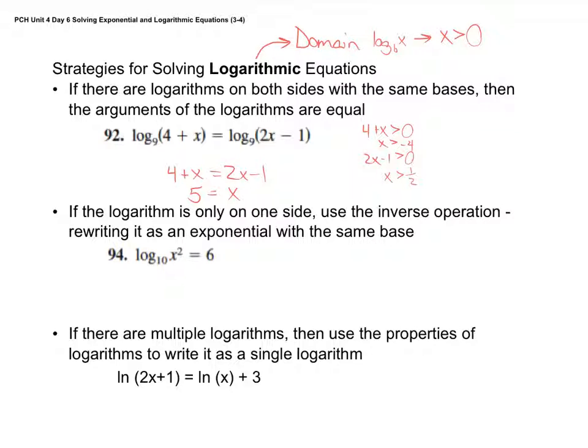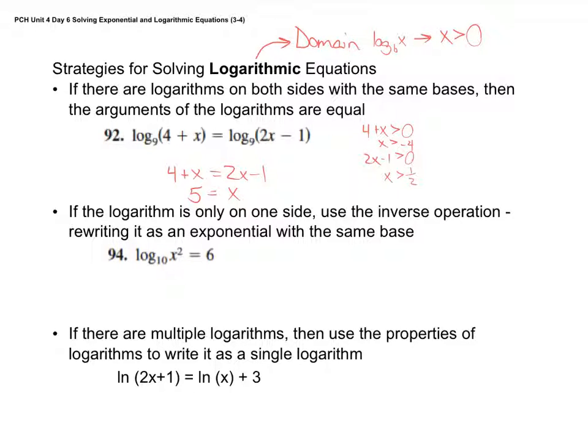Why can't you just find 5 and then ask if 5 is greater than 0? Well, that's what you can do. If we took 5, 4 plus 5 is 9, that's greater than 0. 2 times 5 is 10, minus 1 is 9, that's greater than 0, so that works. But do you have to plug it in, or can you just say, oh, 5 is greater than 0, so I'm good? Well, you have to look at the domain of the log function you're working with.